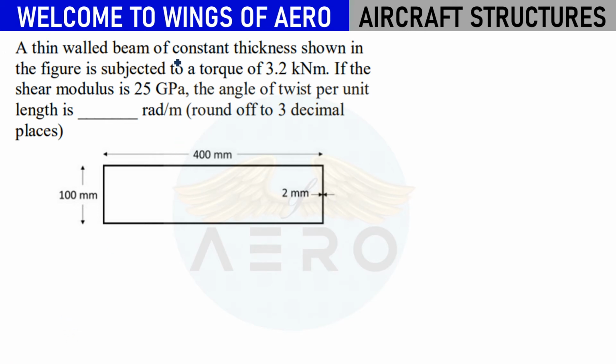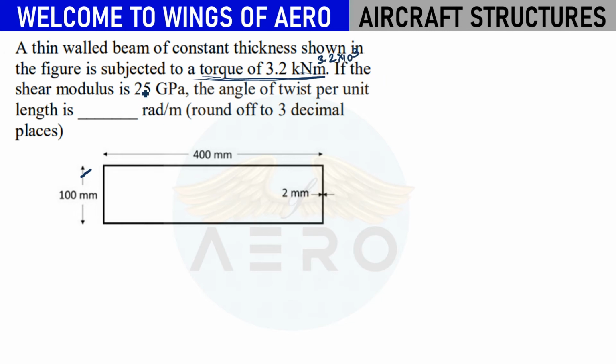A thin wall beam of constant thickness shown in the figure is subjected to a torque of 3.2 kilonewton meter. Always take care of the units. Whenever they have given this, try to convert it to SI units. So 3.2 means 3.2 into 10 power 3 Newton meter.